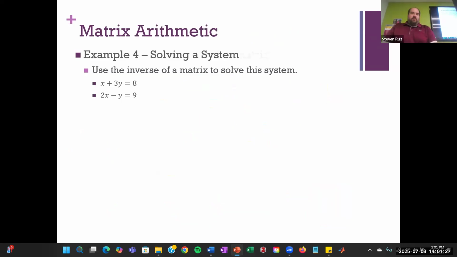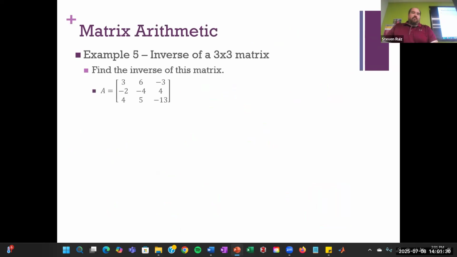All right, let's. Ooh, big matrices. How do I find the inverse of this thing?